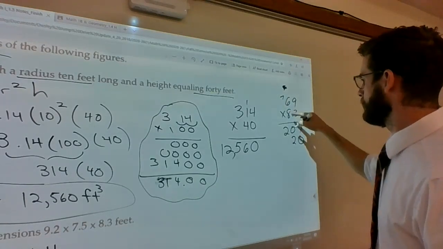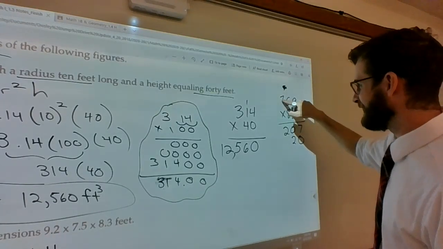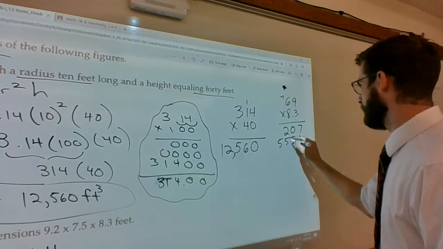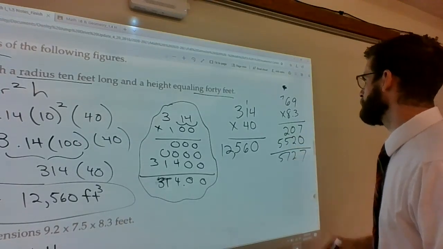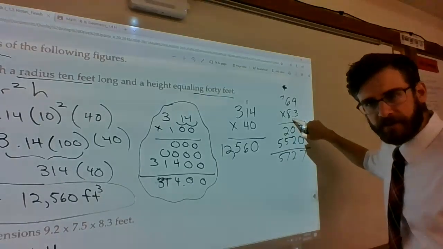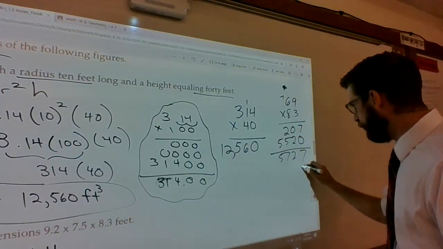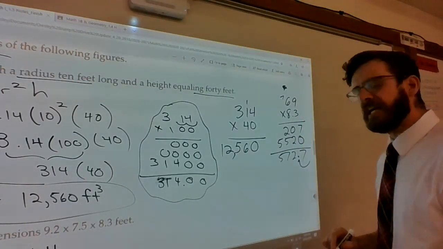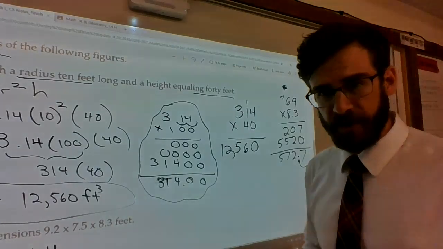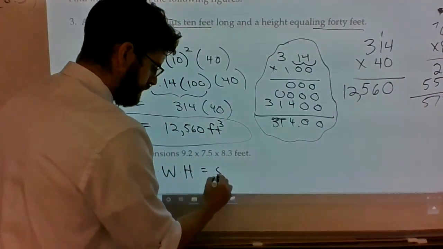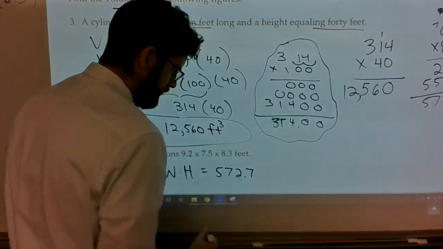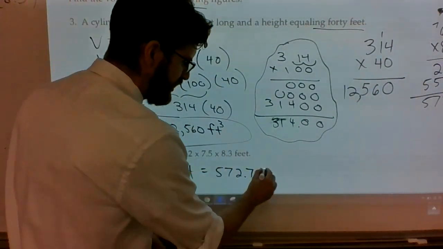Carry a 7. 48 plus 7 is 55. 7, 2, 7, 5. And there was one digit of decimal, so it's going to move 1 in there. You have 572.7. Once again, feet cubed.